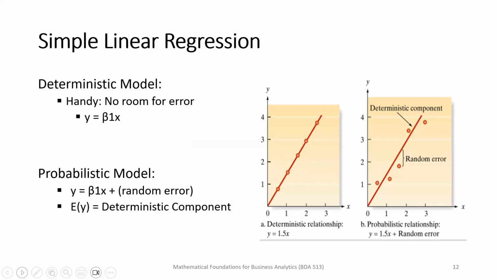Here y is the dependent variable, then beta 1 is the coefficient, and then we have the value of x. So here there is no room for error.